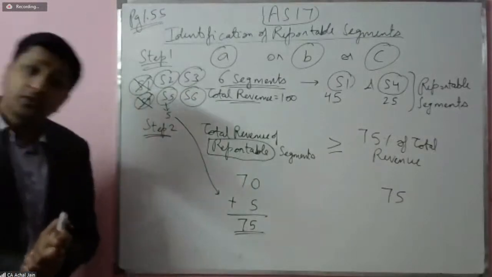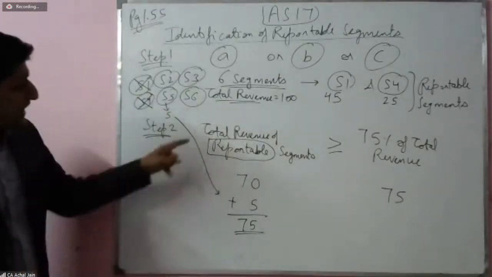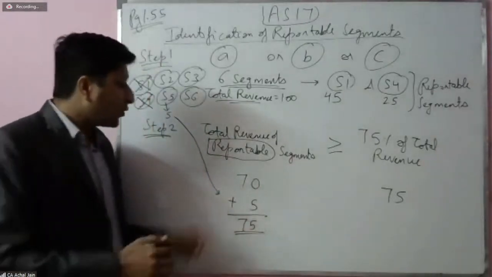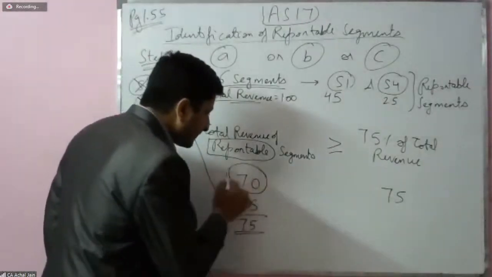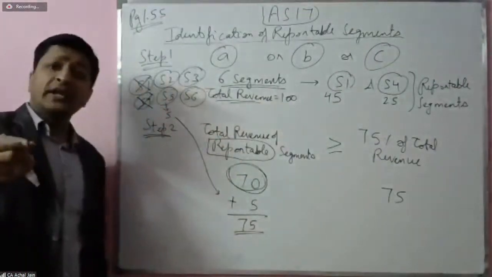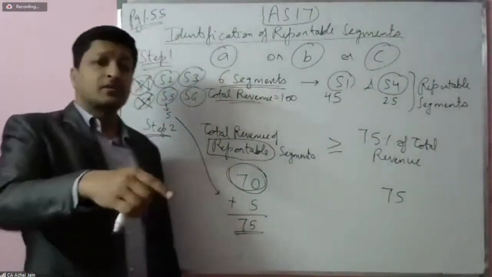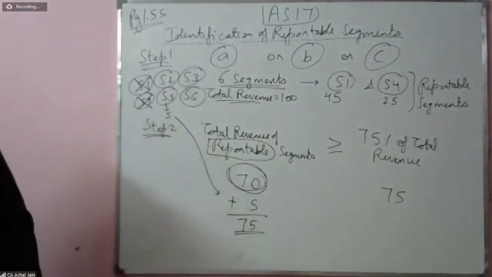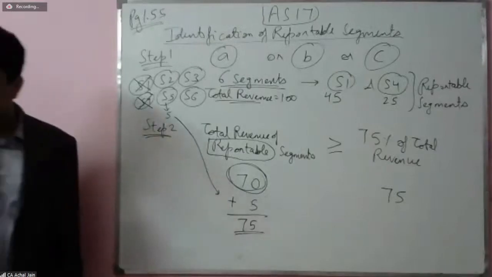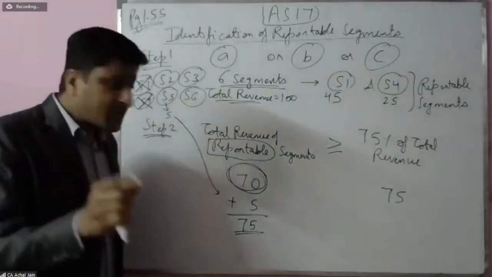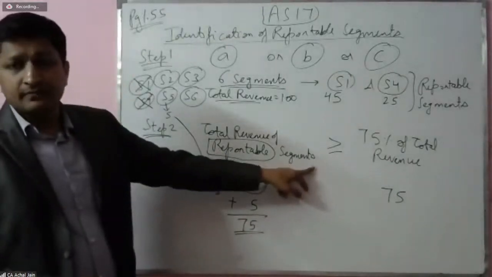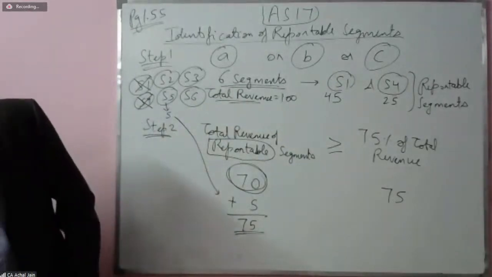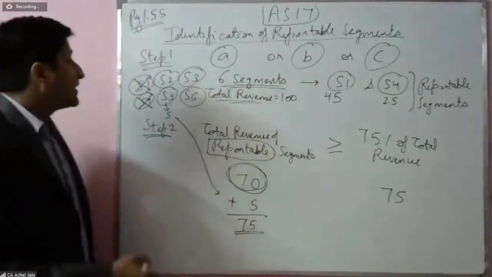Very good. So now what do we need to do? If by chance, as per step 2, we get into any such situation, we will have to include one or more segments over here in such a manner that this criteria gets done. Now the question may arise, what will become the basis of choosing segments?